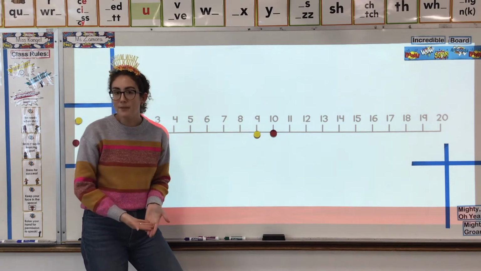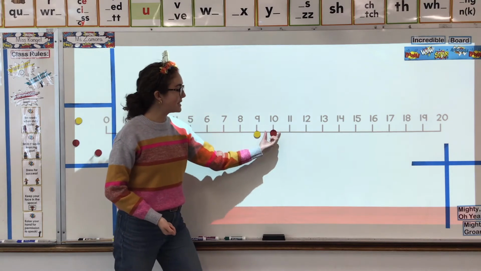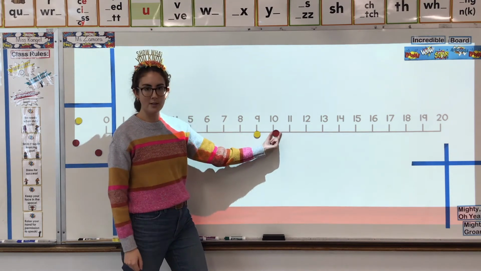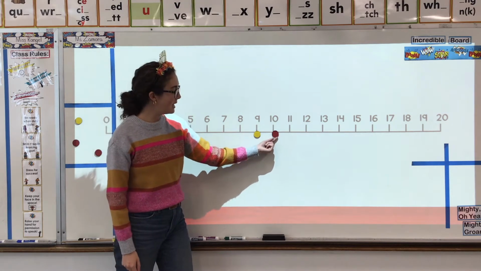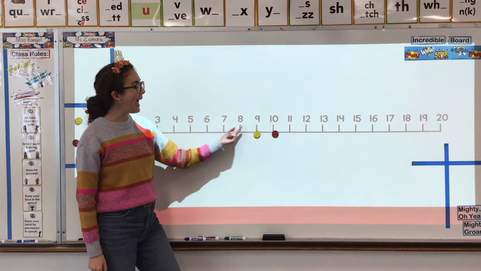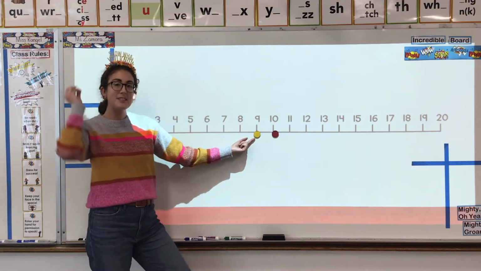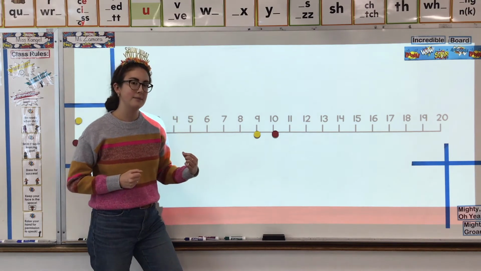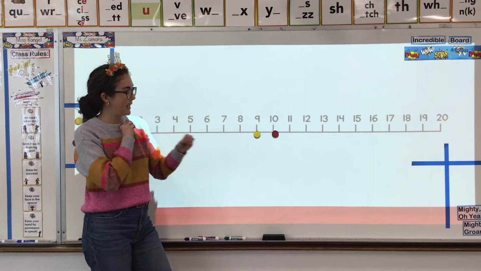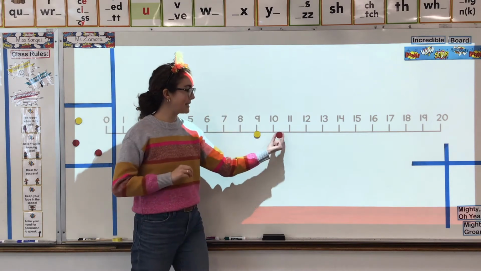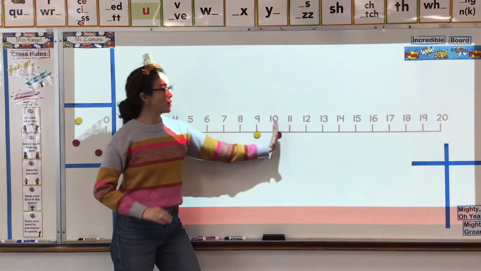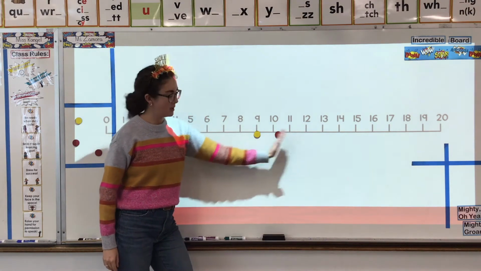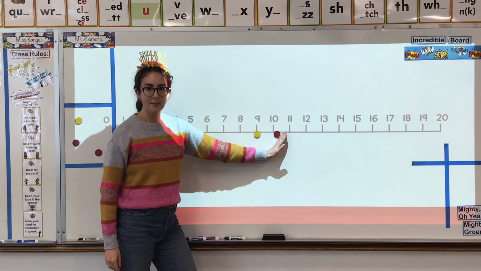So to simplify it for myself, I'm going to take away 10 first, and then I have to add back 1 I already took away. This is where it gets a little tricky. When we subtracted 10, we took away more than what we wanted. We went past 9.